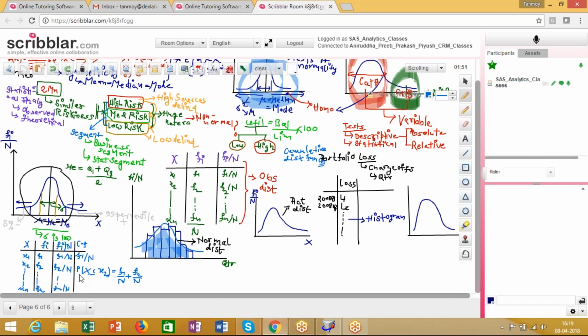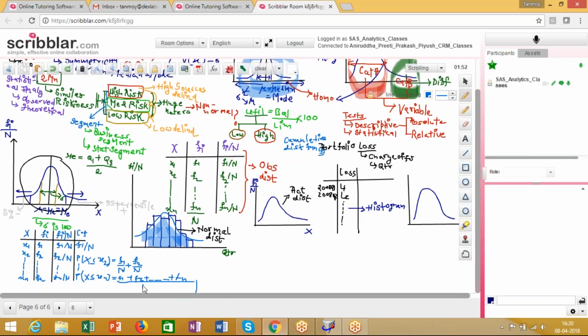Similarly, the probability of x less than or equal to xn is equal to f1 plus f2 and so on, divided by n.